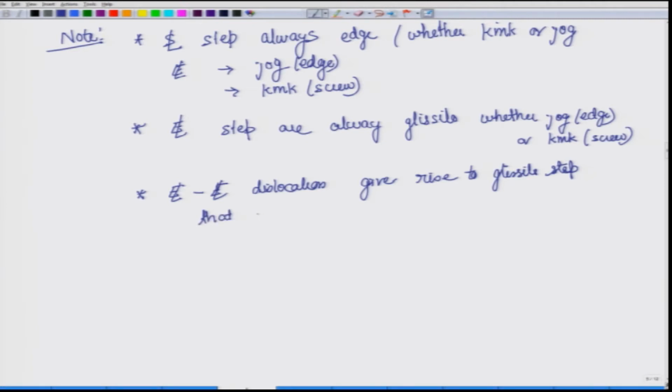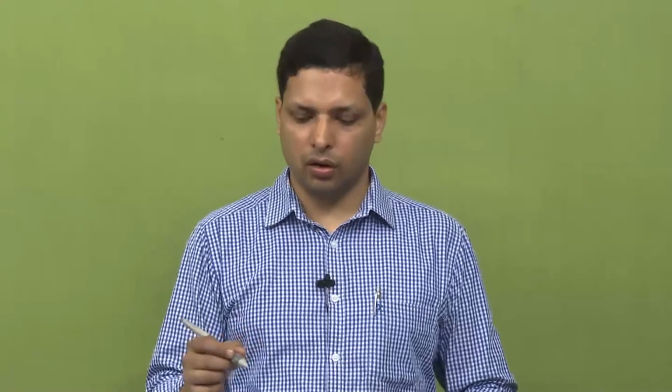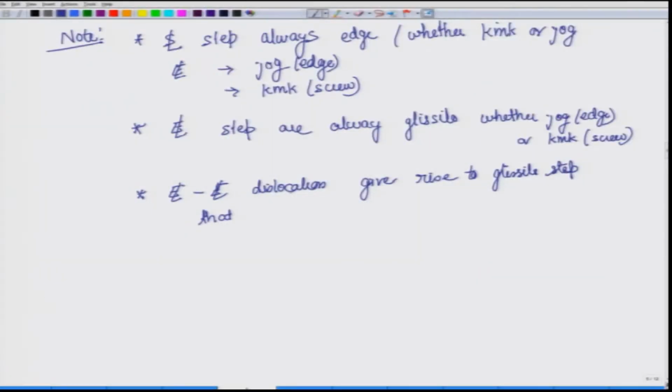So, the meaning of sessile or glissile is also that when it is glissile, it will be able to move conservatively. When it is sessile, then you need thermal activation, it will have to climb to be able to move, as we will see shortly when we look at other kinds of jogs called super jogs. But before that, let us summarize what we have learned so far. So, in edge dislocation we get glissile steps that can move conservatively.